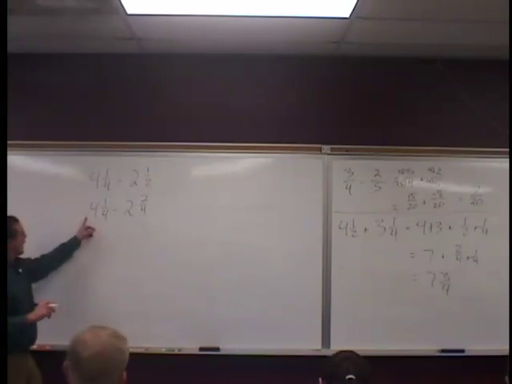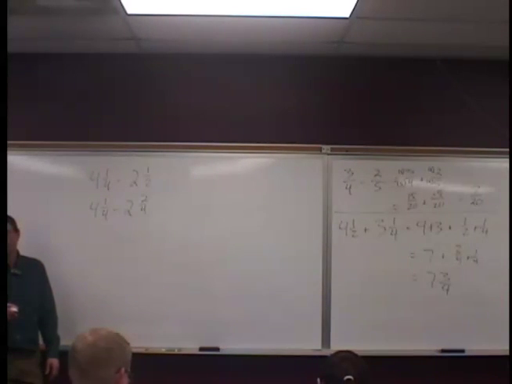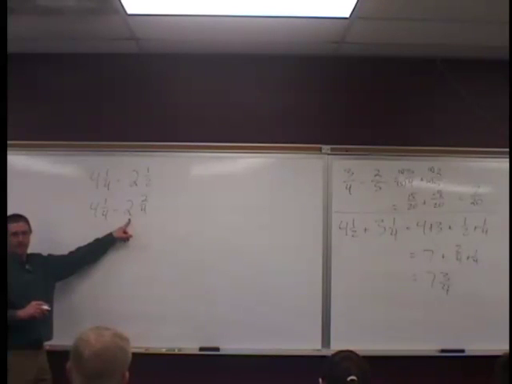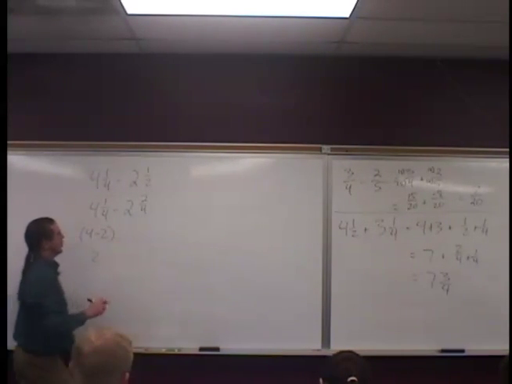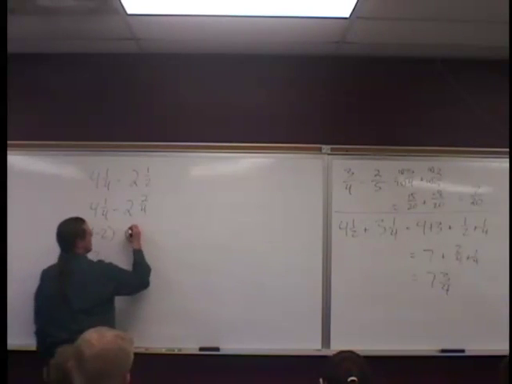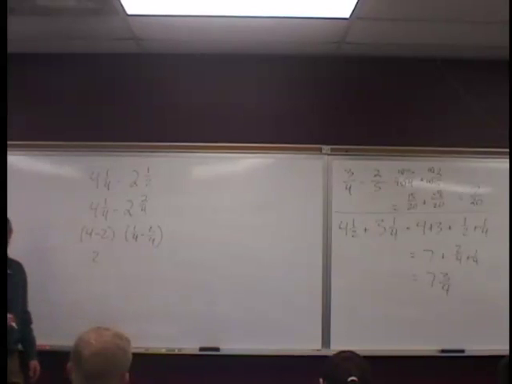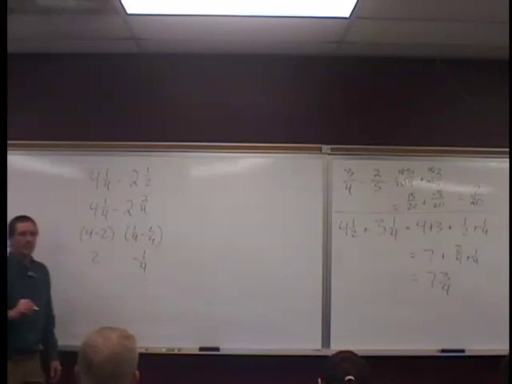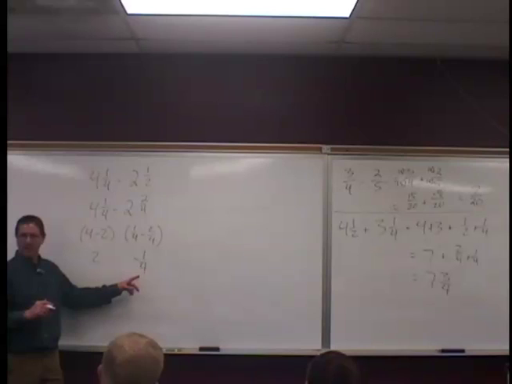And you can, if you want, subtract the whole numbers and then subtract the fractions. The problem with it is that when you do 4 minus 2, what do you get? That's 2. But when you do this, what do you get? You get a negative.